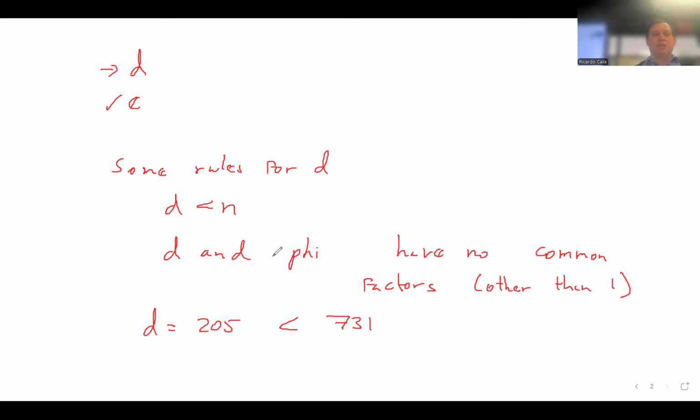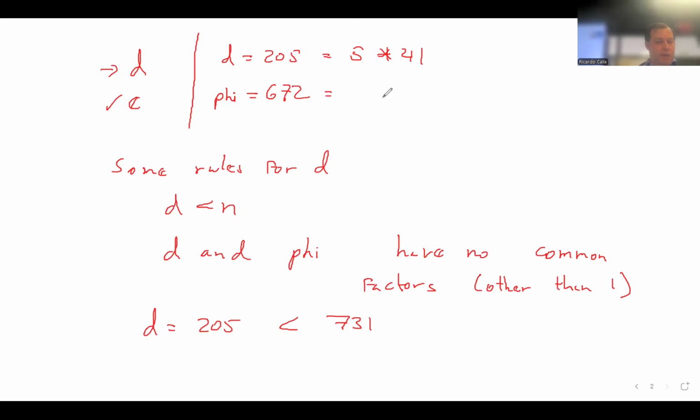The other condition is that D and phi have no common factors. So we have D, 205, and phi, 672. If we factorize 205, we have 5 and 41.